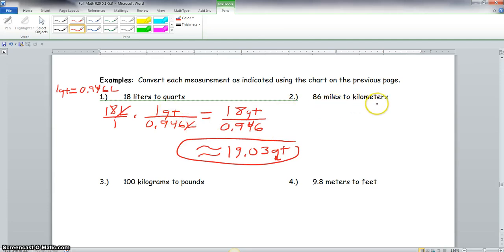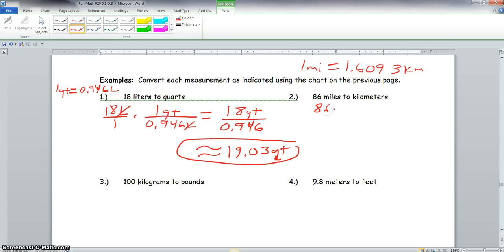We have 86 miles to kilometers. So now we look here on the conversion chart again, and you look under length. And I'm talking about the conversion chart that's right above this page on the previous page. So we have 1 mile is equal to, and I'll write that up here, 1 mile is equal to 1.6093 kilometers. And we will write this out.